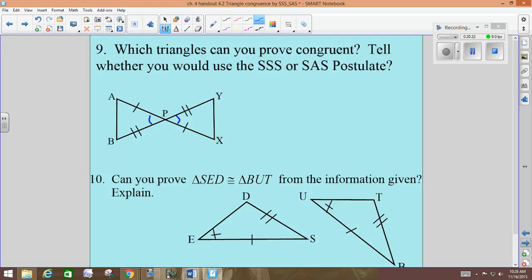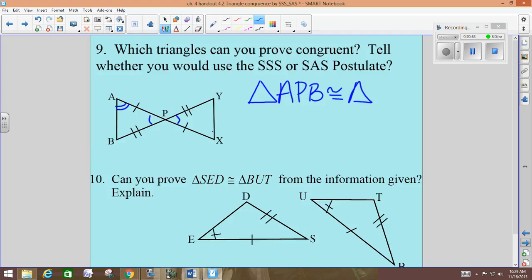So when it asks which triangles, let's write a congruency statement. I'm going to name the first one triangle APB. Now you have to make sure you line up the congruent corresponding parts. So angle A, since that one came first, is congruent to which angle of the other triangle? Is it X or is it Y?